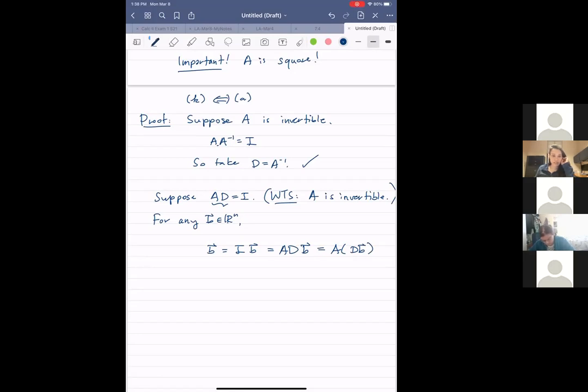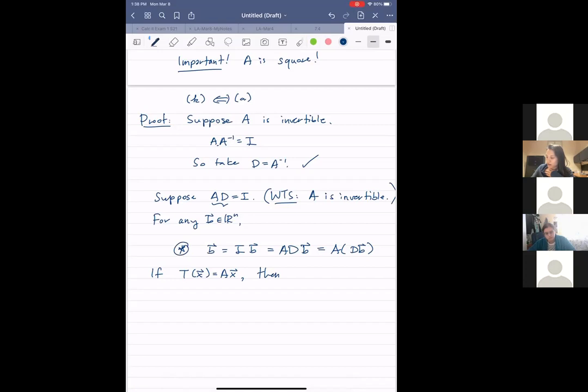So what this says is, if T is the associated linear transformation, so if T is given by this, then I'm going to put a star next to this.